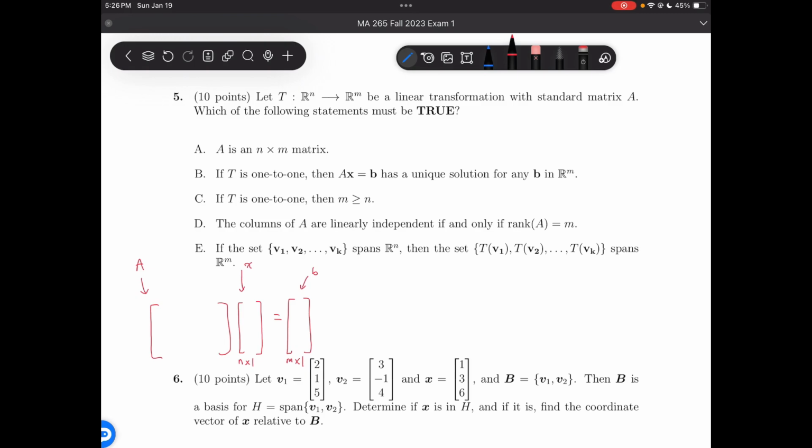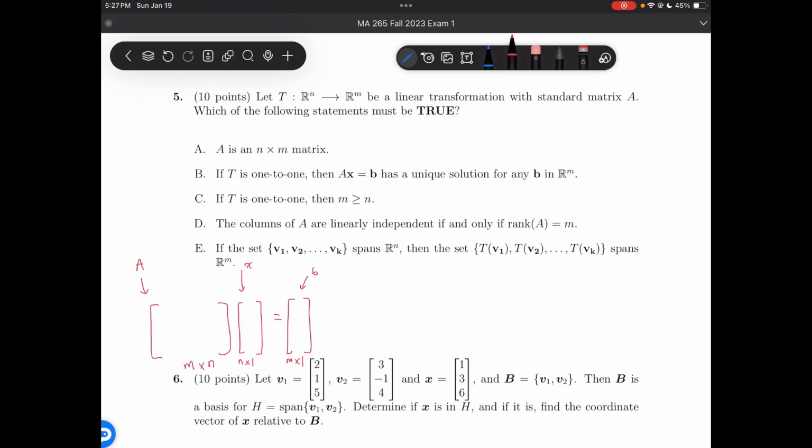What is the dimension of A? Because the first statement here says A is an n by m matrix. When we're multiplying two matrices together, the number of columns in the first matrix has to be equal to the number of rows in the second matrix, which means that in this case, the number of columns in A has to be n, and the number of rows has to be m.